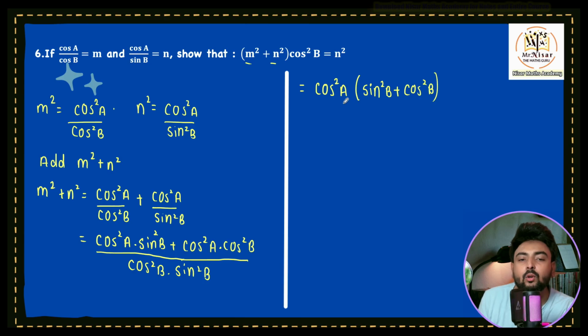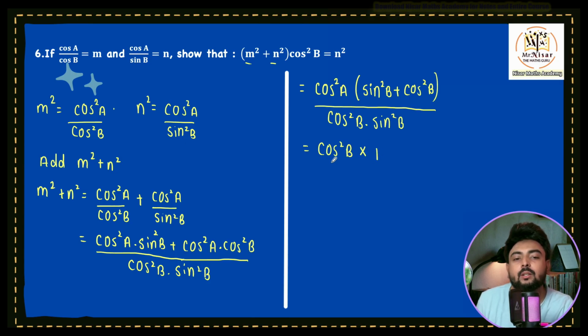And in the denominator we have cos square b into sin square b. So sin square b plus cos square b becomes 1. So cos square a will be as it is, and sin square b plus cos square b is going to become 1. In the denominator we have cos square b into sin square b.